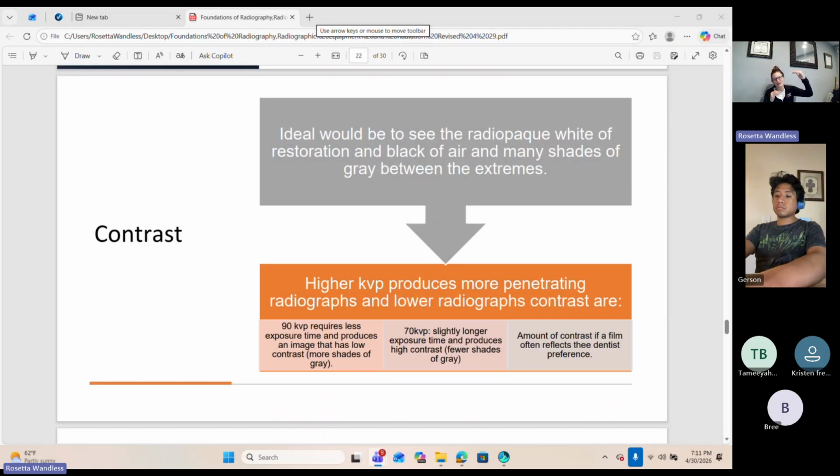Anytime my kVp is high, I'm going to get a low contrast because it has that much penetrating power that the picture will have an overall darkness, that density to it. Vice versa, if I have a low 70 kVp, then I need to scooch up my exposure time and my MAs.